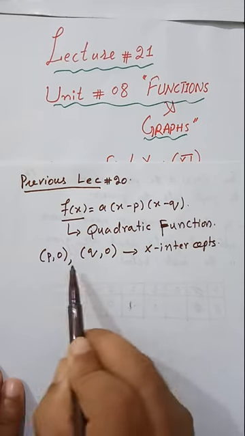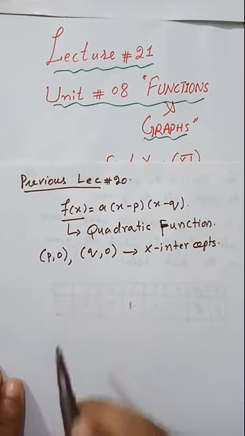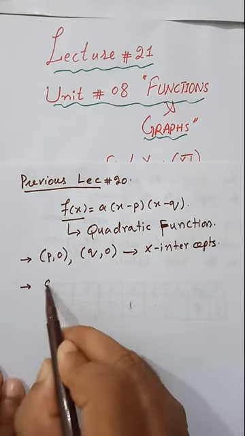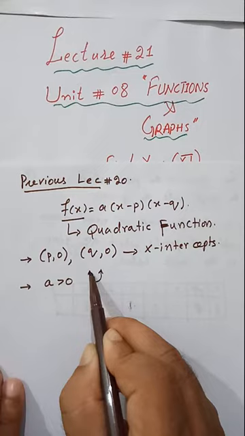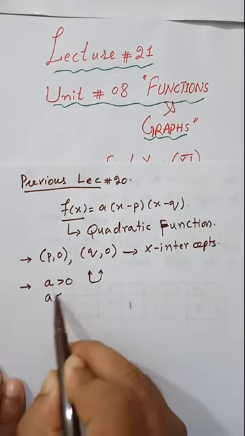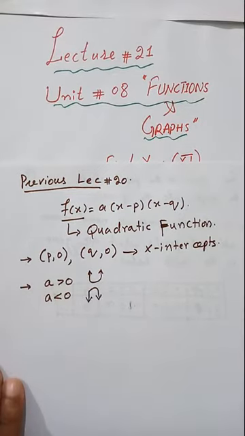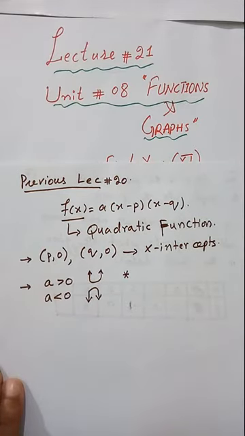Then we conclude that if a is greater than 0, the branches of the parabola will open upward. If a is less than 0, the branches of the parabola will open downward.